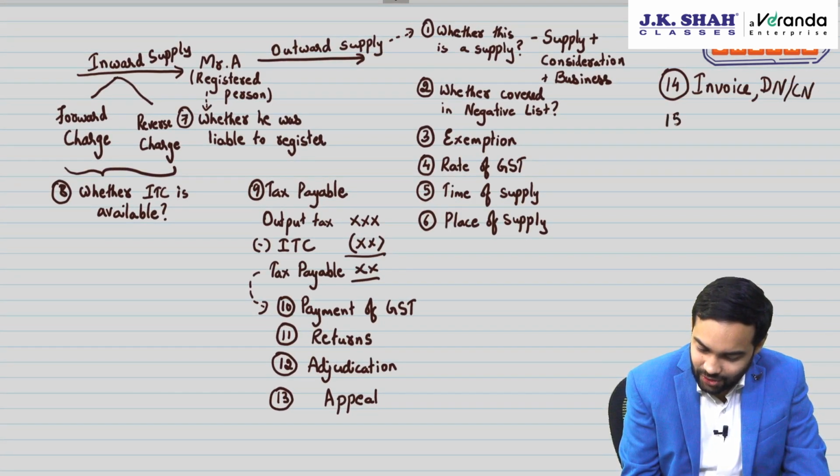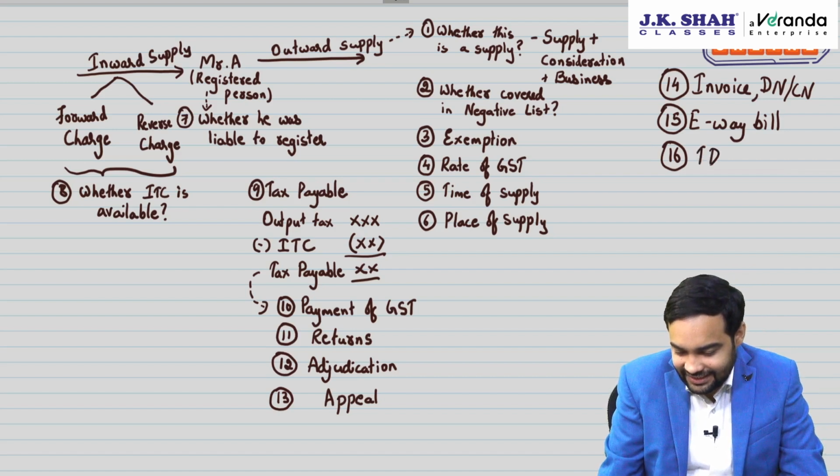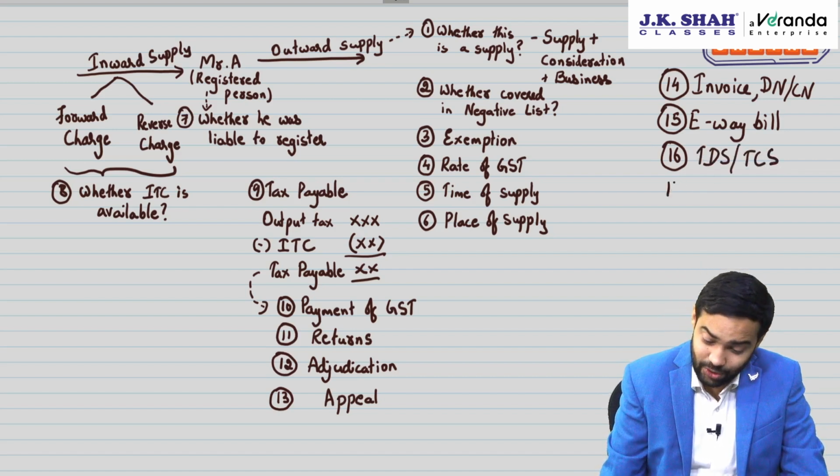We will learn about a document called e-way bill. After that, we will also understand TDS, TCS under GST, which is very important. And then we also deal with export transactions specifically in a chapter called refund.